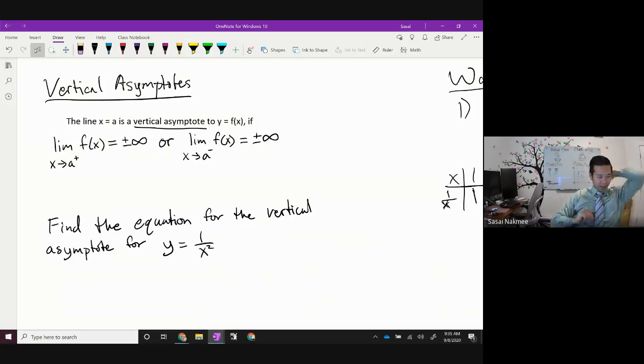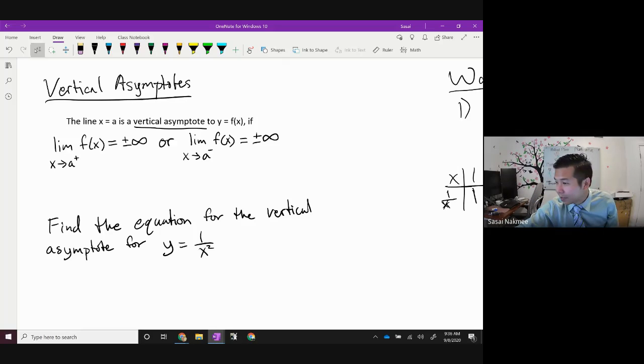You take the limit as x approaches some constant a, from the left side or the right side, and that limit goes either off towards infinity or negative infinity, right? It's pretty much saying that the limit from the left or right side doesn't exist.